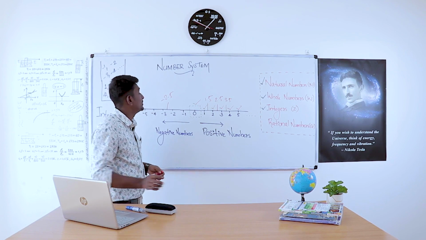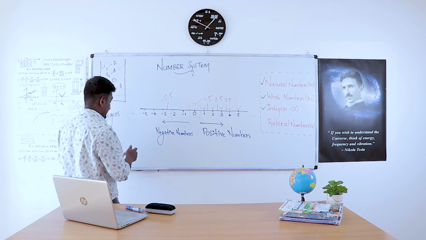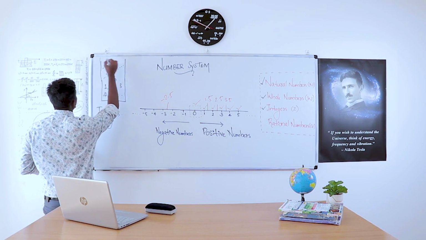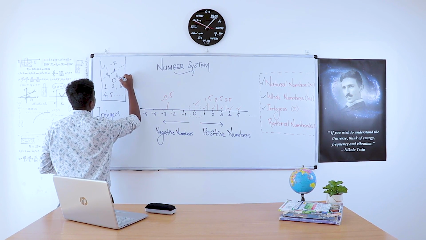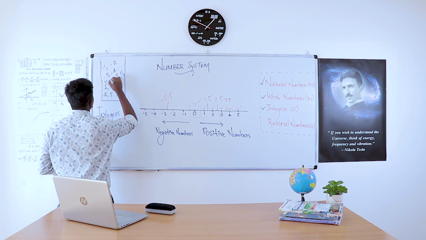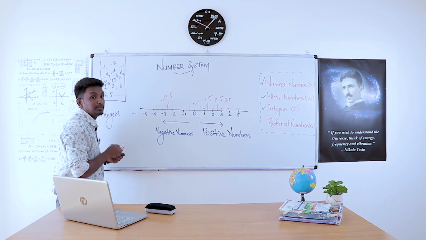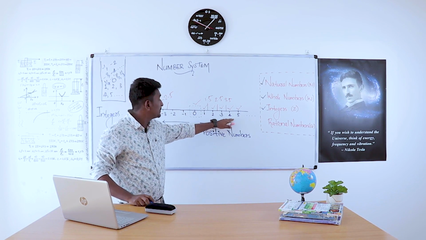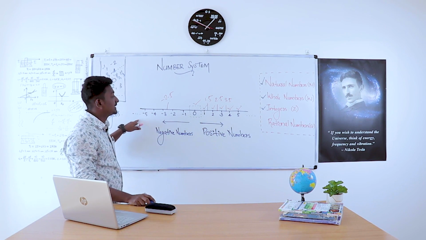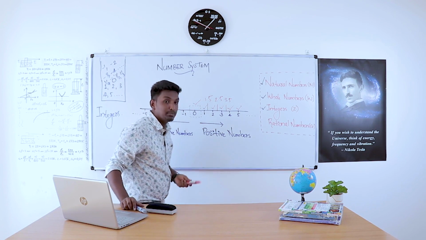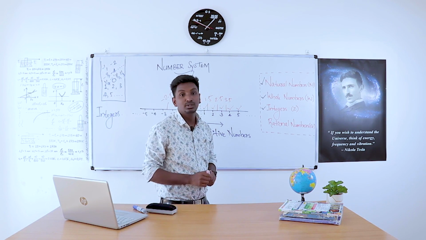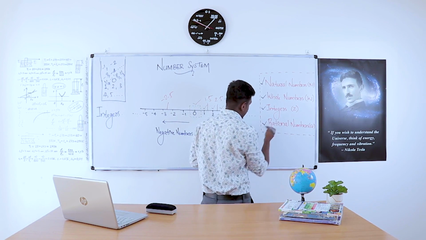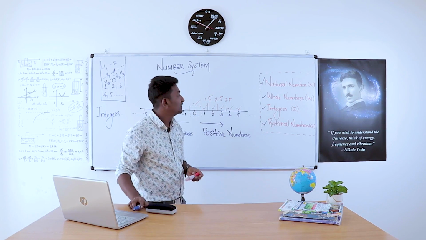If we include these fractions in this bag, I am expanding the bag again and adding 1/2, 1/3, 1/4, etc. Then it becomes rational numbers on the number line, denoted by the letter Q. Okay, clear?